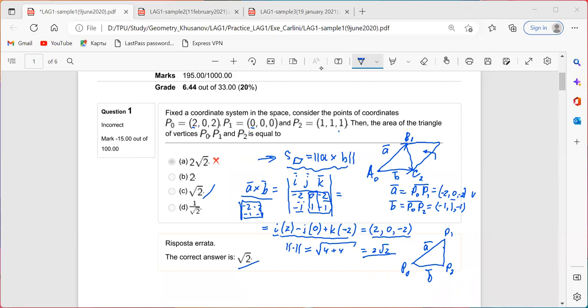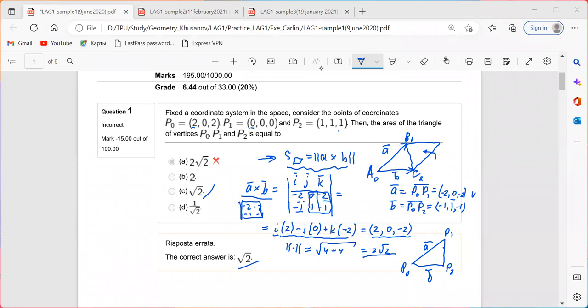Then you can consider the norm of vector A, which will be the distance between P0 and P1. Similarly, you then have to consider the distance between P0 and P2. It will be again the vector minus 1, 1, and minus 1. You can compute the norm of this vector. Additionally, you have to compute the norm of vector P1, P2.